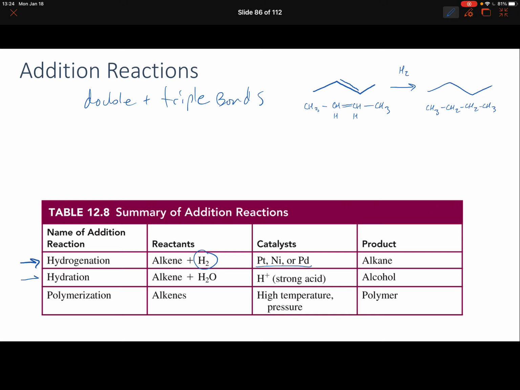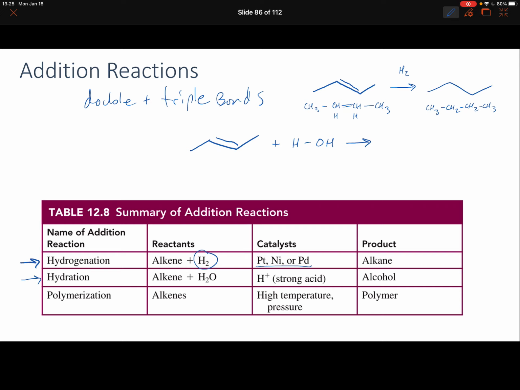We can do hydration. This adds a water molecule, H2O or HOH. I like to write it as HOH so that you can see where the pieces are going to go. We call this hydration.